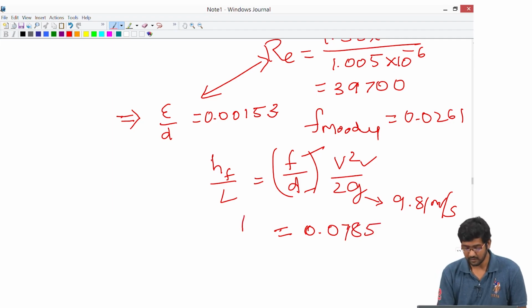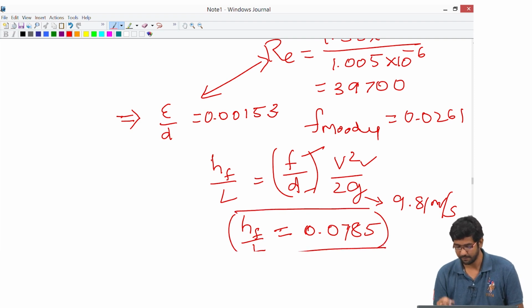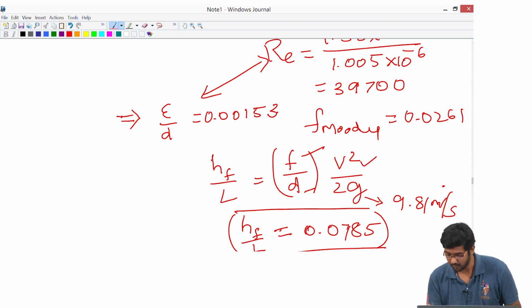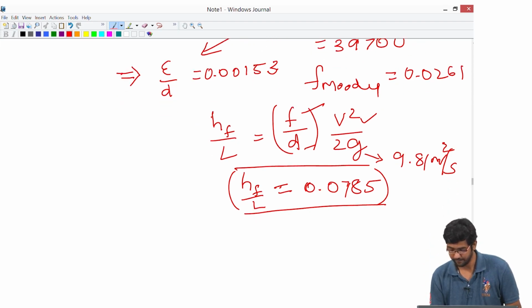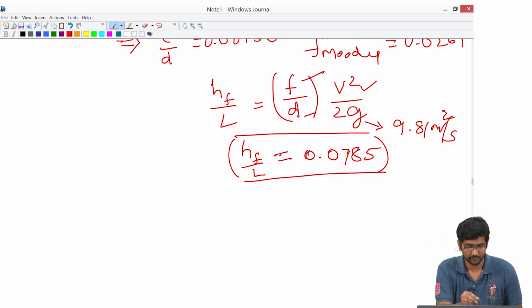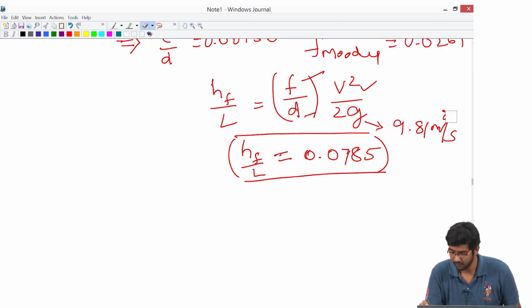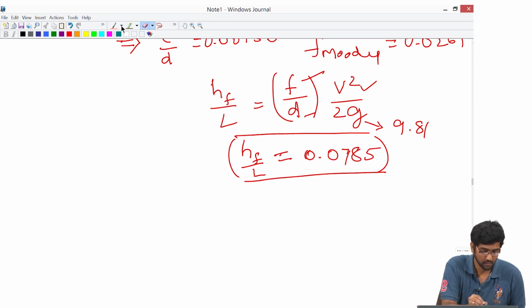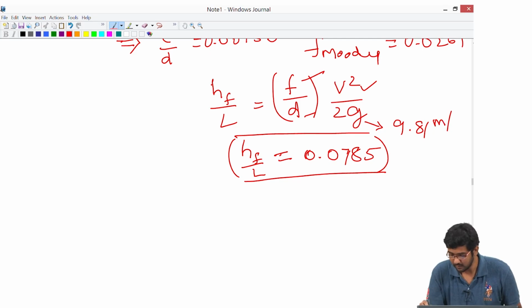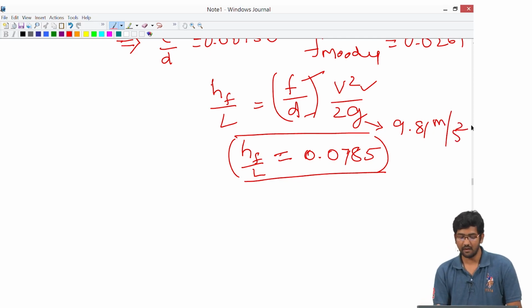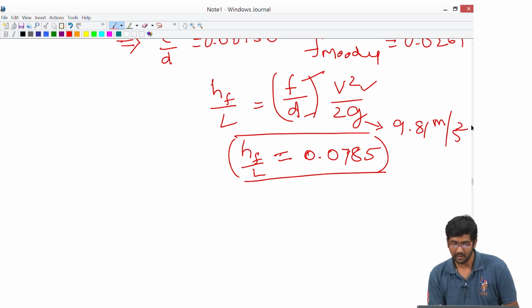So, therefore, for the circular pipe, the head loss is 0.0785. So, we have calculated the head loss in a circular pipe.